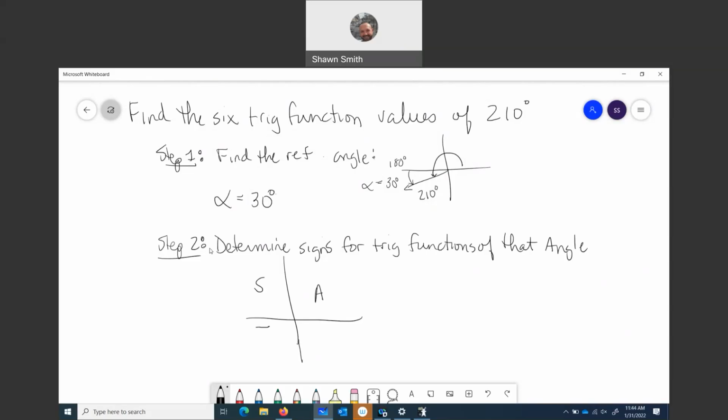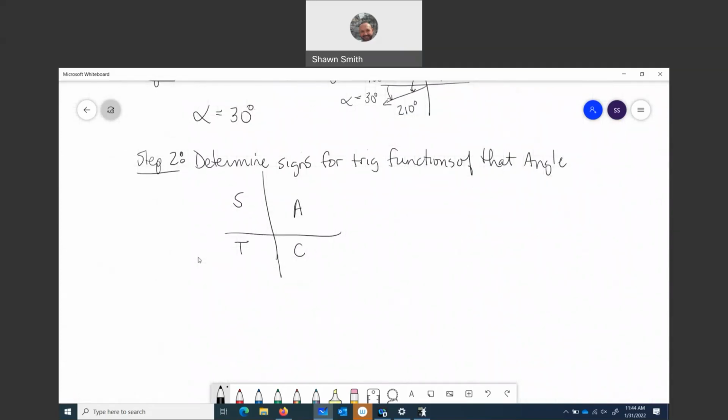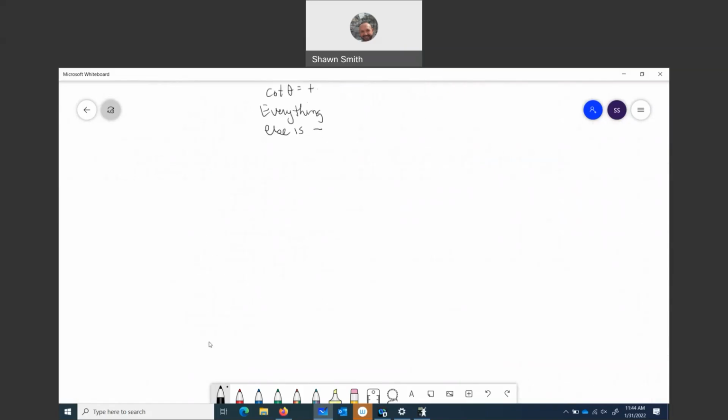All students take calculus. So if we're in quadrant 3, the only things positive there are tangent and cotangent. Everything else negative. Yeah, quadrant 3.